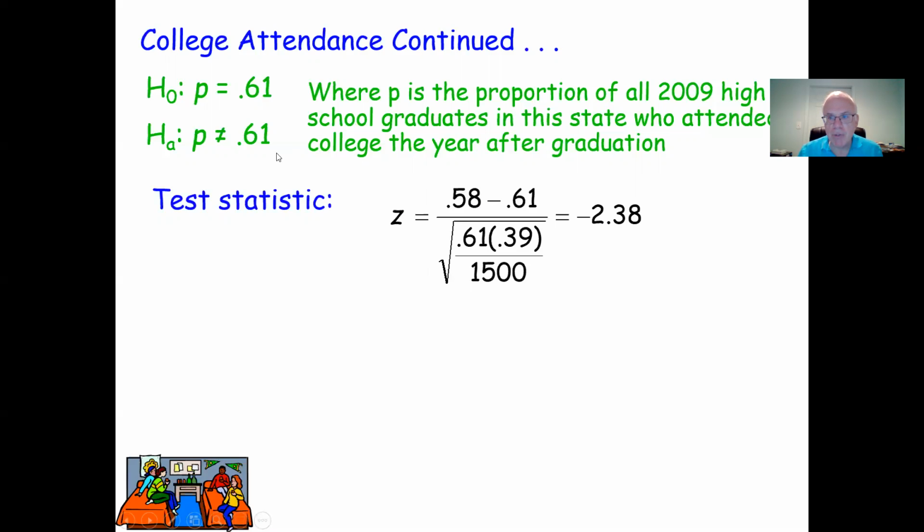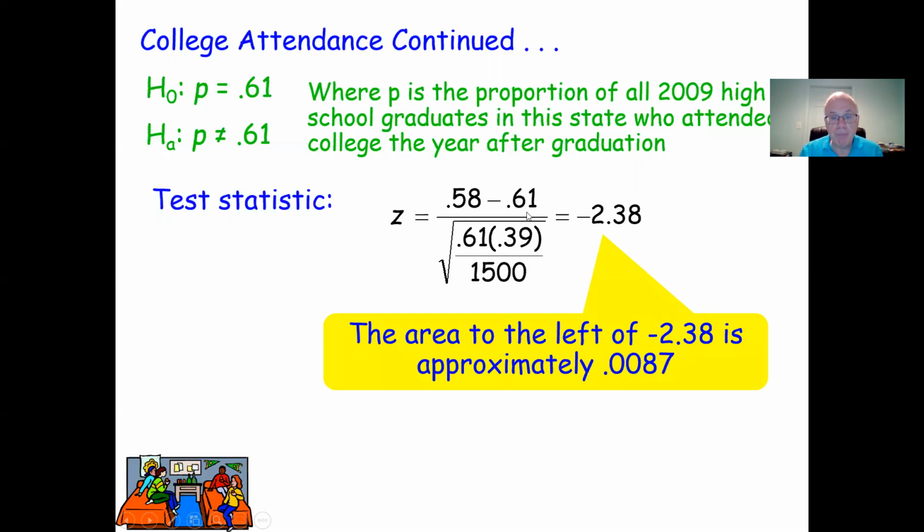Remember, for a two-tail test, we have to add the two tail areas together. Now, when we put this into our calculator, in other words, we use normal CDF, and we find the probability that z is less than negative 2.38, we get approximately a probability of 0.0087. You should try that out with your calculator. Make sure that's what you got.